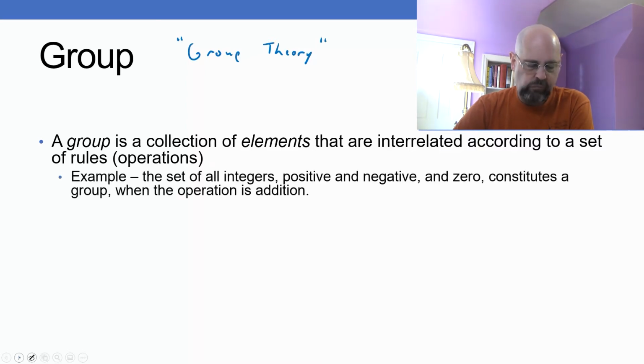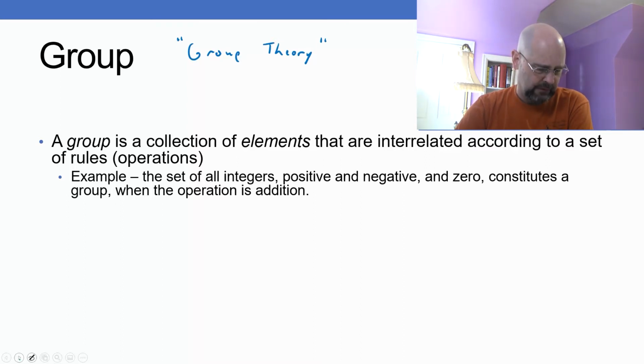For example, the set of all integers, positive and negative and zero, constitutes a group when the operation is addition. Now, we'll often talk about the operation, we'll just say multiplication. But although we often call it multiplication, we can define it in any way so long as the operation and the elements give us the properties of the group.